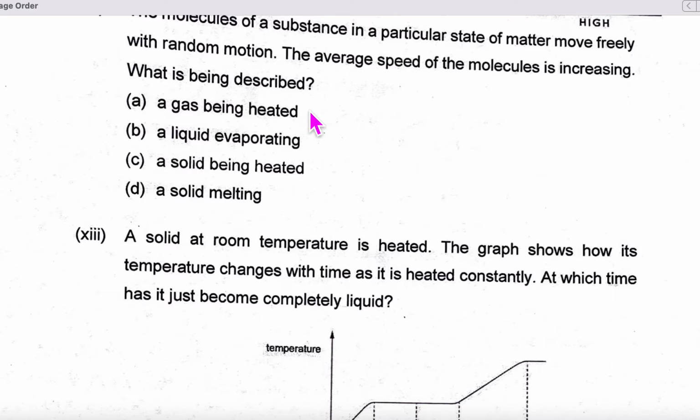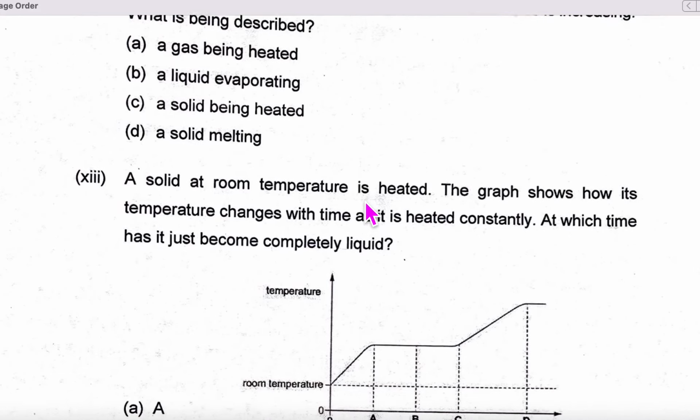If the kinetic energy is increasing, and the molecules move freely in random motion, it is a gas being heated. So it is a gas, correct? Yes. It won't be the liquid, it won't be the solid. Did you understand this part? Yes, ma'am. Because freely they are moving, so it's a gas. And if the kinetic energy is increasing, we are heating it. So gas is being heated.